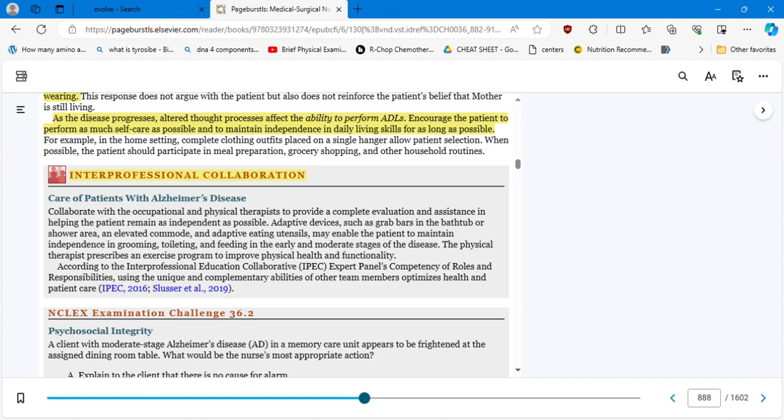We know that. Encourage the patient to perform as much self-care as possible and to maintain independence in daily living skills for as long as possible. Think about this. Usually, we have to be honest, right? When we observe the behavior of our grandpa or grandma, they are not taking care of their hygiene in the full way.